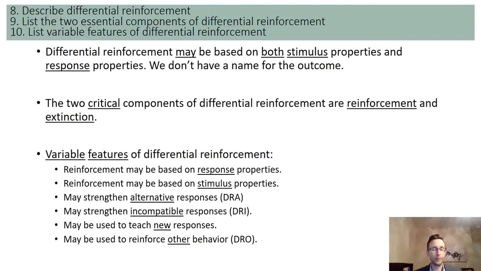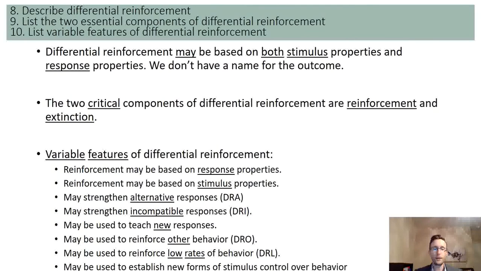So it's more precisely referred to as differential reinforcement of response omission. Some differential reinforcement procedures may be used to reinforce low rates of behavior. Differential reinforcement of low rates, or DRL. And some may be used to establish new forms of stimulus control over behavior.